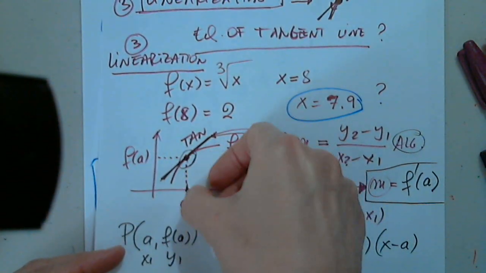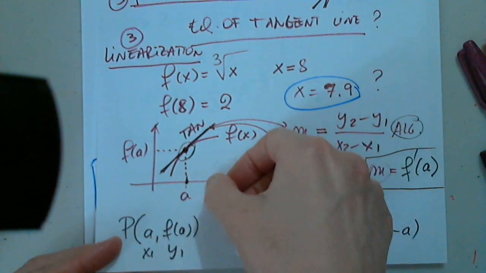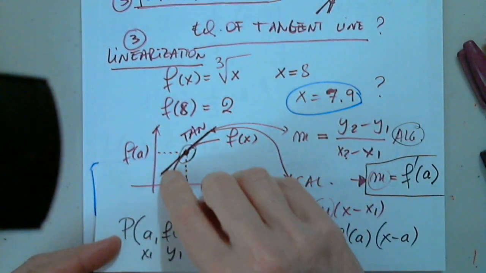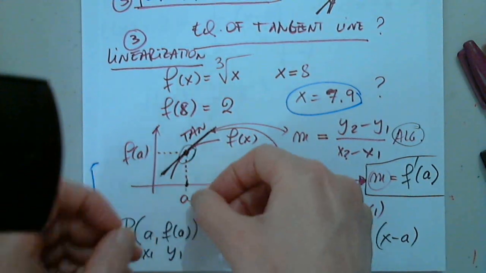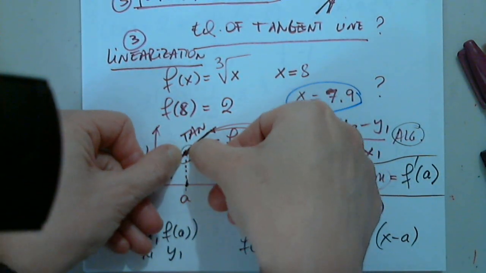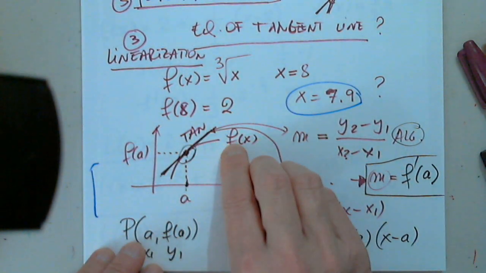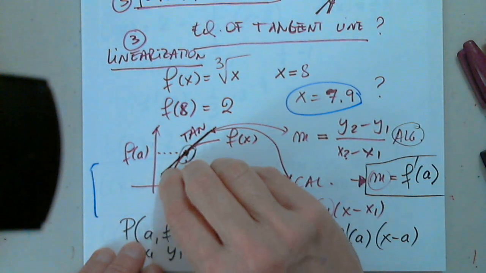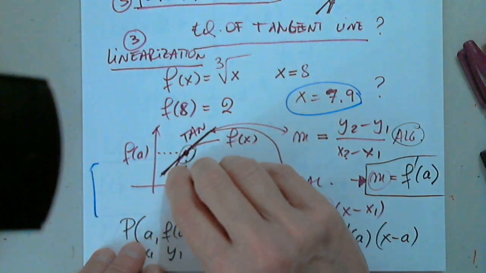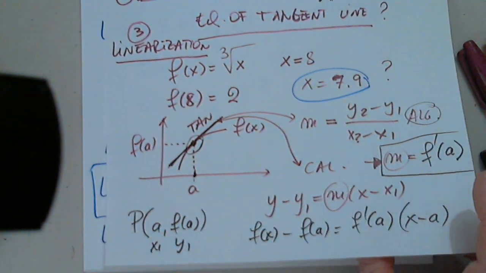So if this is 8, you cannot test or determine at 10. It will be too far out. The equation is not valid anymore. So you have to be close to 8. If you're close to 8, left or right, it doesn't matter, but close, evaluating the function or evaluating using the equation of the tangent line, it's not going to make a big difference.